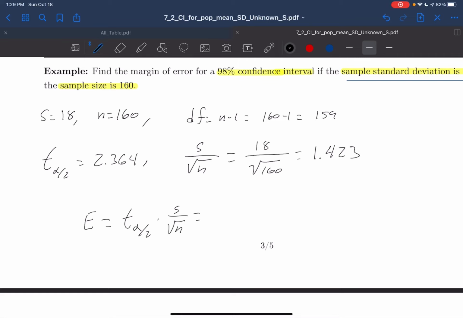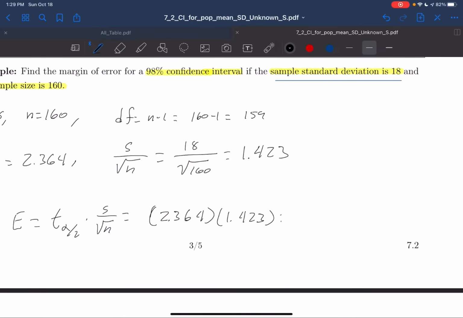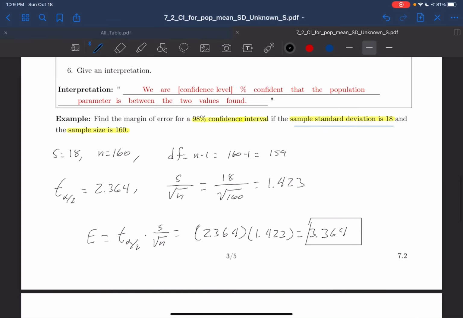This is going to be 2.364 times 1.423, which is going to be equal to 3.364. So this is your margin of error for a student t-distribution.